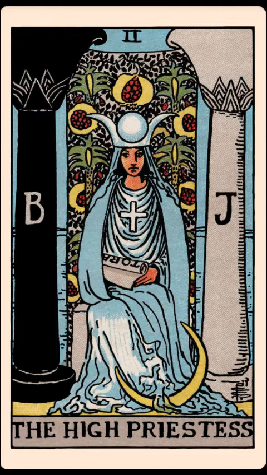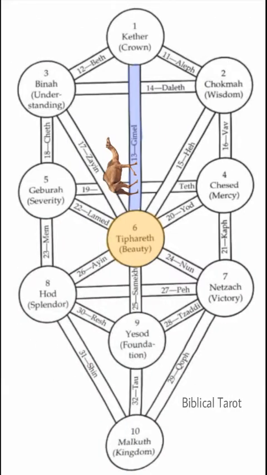So, we have the 6 of Wands, which is placed on the tree of life as Tiferet, the sun. There's a path above Tiferet, which is the 13th path of wisdom, and we already know that. The high priestess, represented by the Hebrew letter Gimel. The 13th path goes through the Sephirah that is not a Sephirah, a hidden Sephirah called Daat, which means knowledge, which is what's on her headdress, that circle.